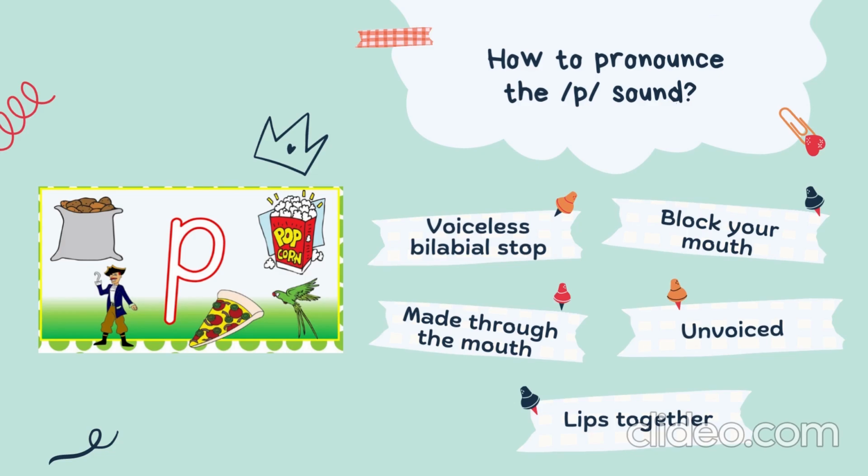In this case, you use both your lips to create the stop and then release it. To produce the sound, bring both of your lips together and build up some pressure in your mouth, then release it.